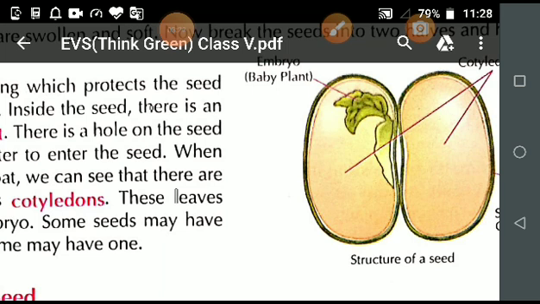If you observe the wheat seeds or rice, these are the cereals which we eat, and these are also known as edible seeds. Many seeds we eat, like the seeds of wheat, rice, pulses. So what are these types of seeds? These are edible seeds which we eat. If you observe the seed of the wheat, rice, maize, these are monocotyledons.